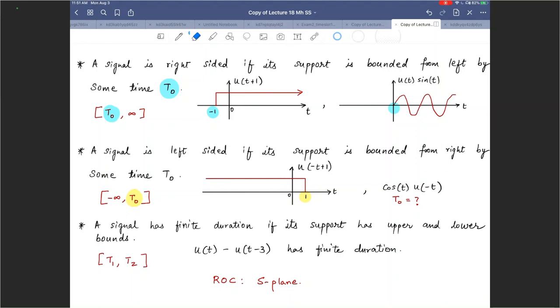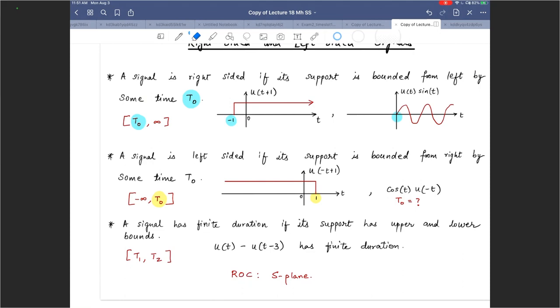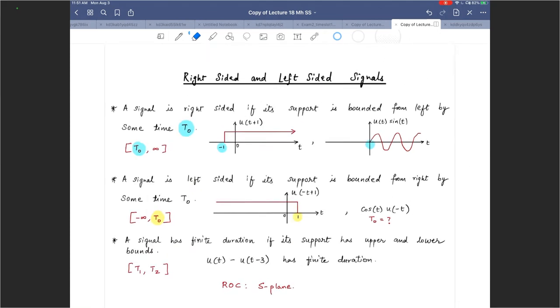Someone, anyone? Cosine t u of t. Just sketch that signal in your head. Cosine t u of t.